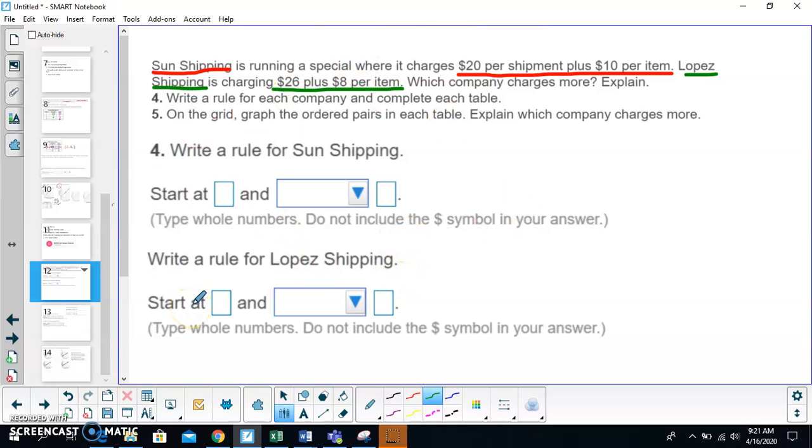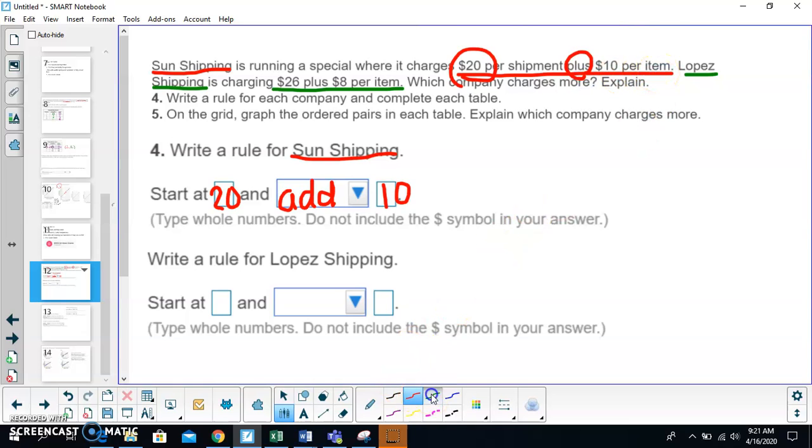So you're going to be doing a few things on this, but our first step is to find the rule. So for Sun Shipping, it says start at blank and blank blank. So start at 20 and add 10. And I knew that because it says it charges $20 per shipment plus, that's a keyword, $10 per item.